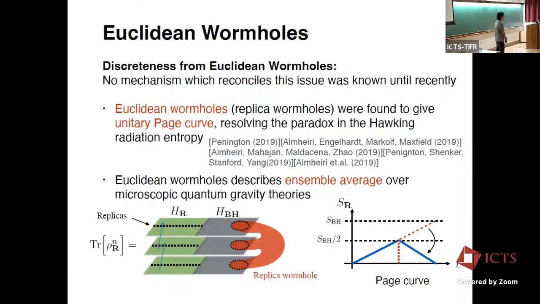The reason we have a very simple derivation of the Page curve, without knowing the UV details of quantum gravity, is that these Euclidean wormholes correspond to the ensemble averaging over the microscopic quantum gravity theories.